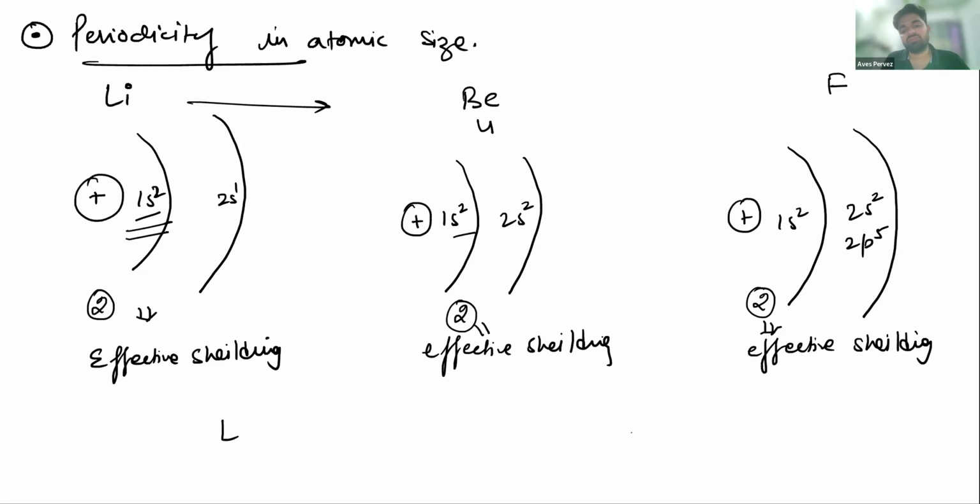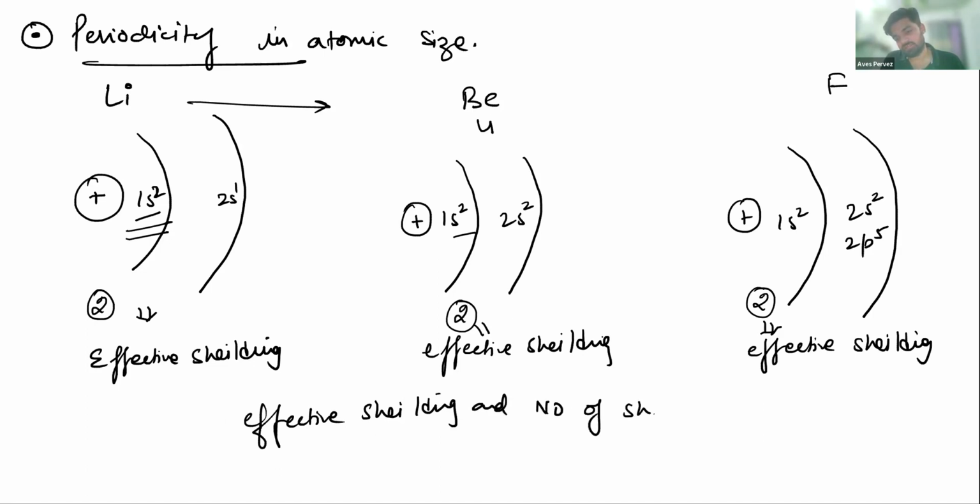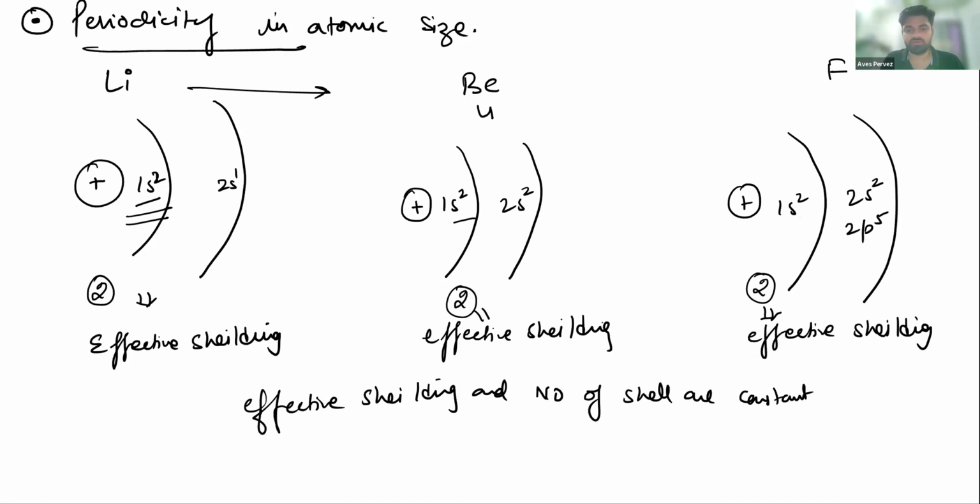As we move from left to right, effective shielding and number of shells are constant, because the shielding is by the inner 2 electrons only.